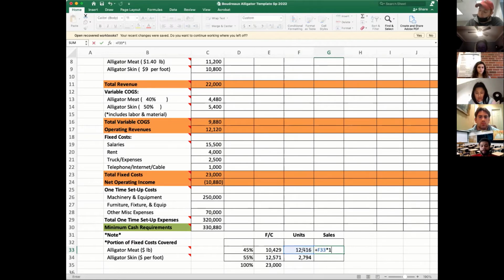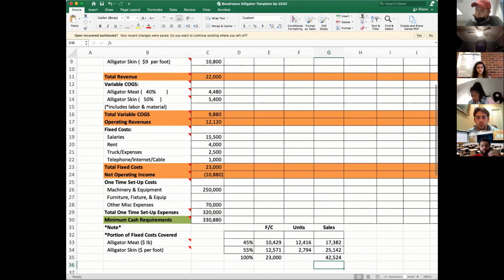Okay, times $1.40. Now, what do we know that the skin sells for? $9. Okay, so we sum it up. So we say, if we get around $42,000 in sales, right, then we're at break even.